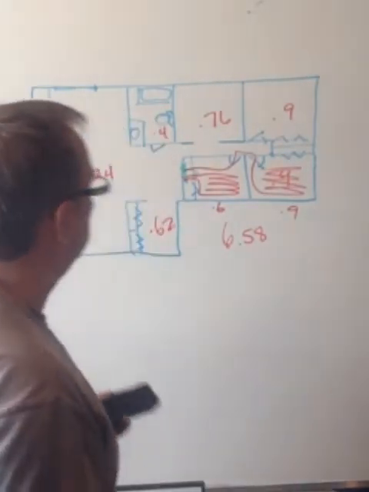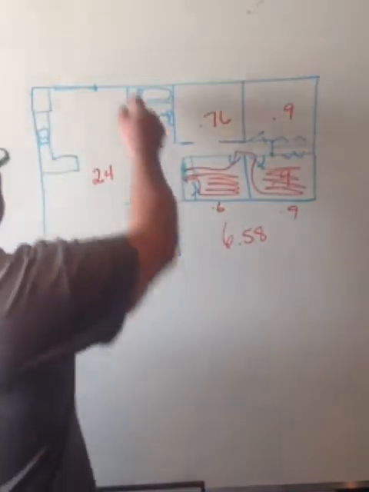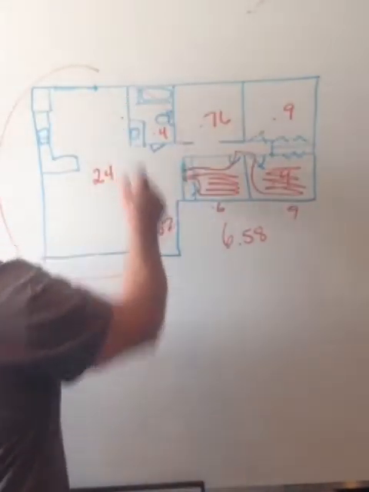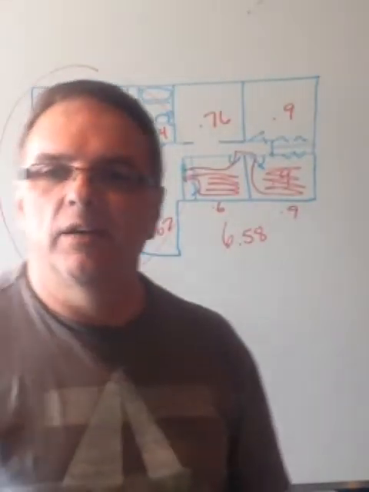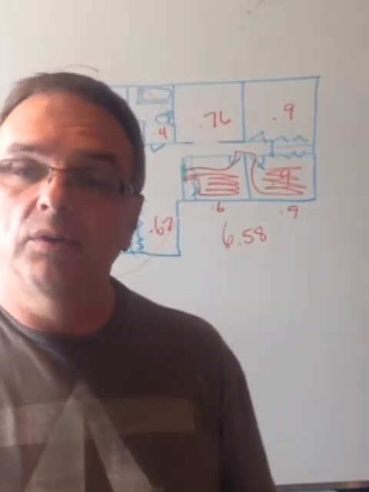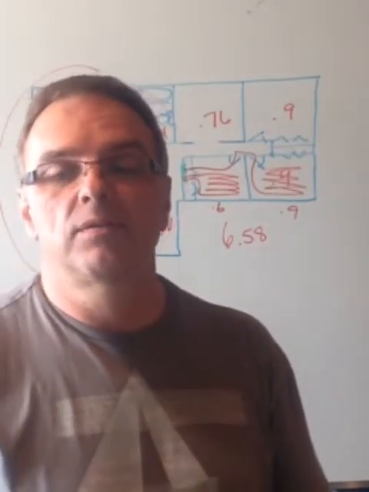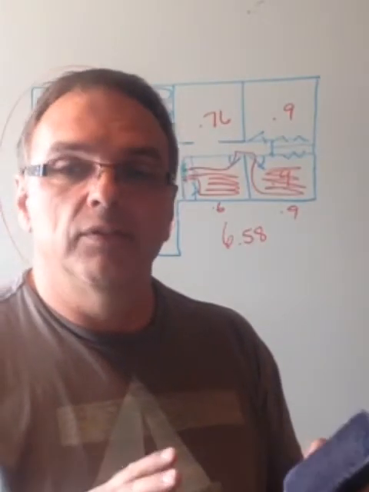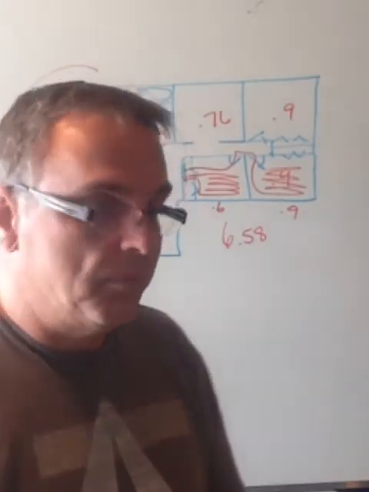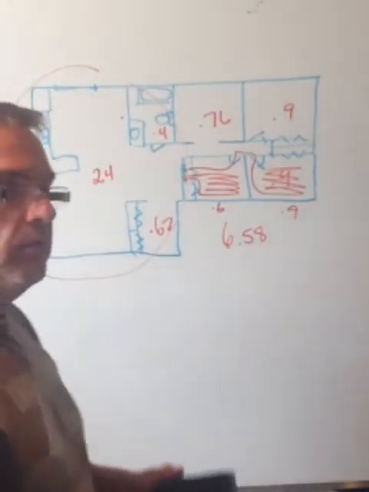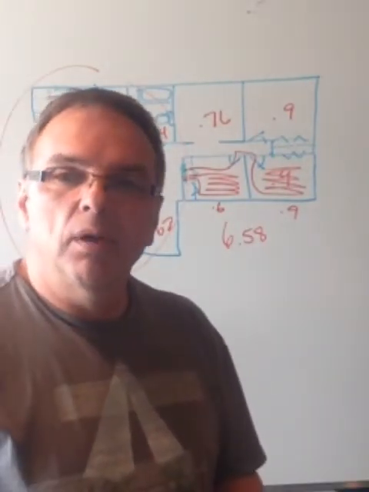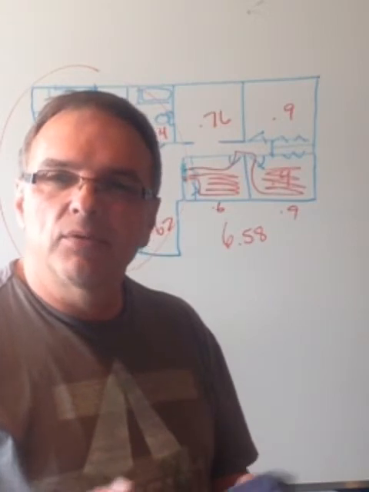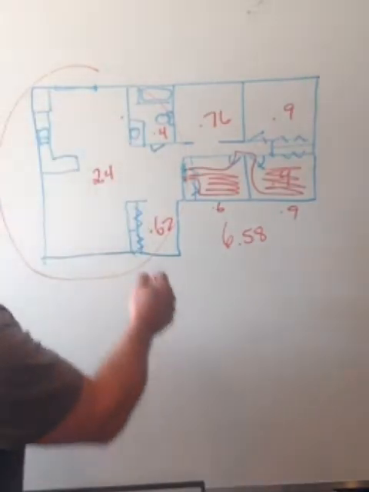Now the problem in this scenario is, this is a very large area, and you are going to want more than one circuit in that room, for another reason altogether different than what I'll get to another day. But for now, because of the size of the room, we're going to put maybe 3 loops in that area.